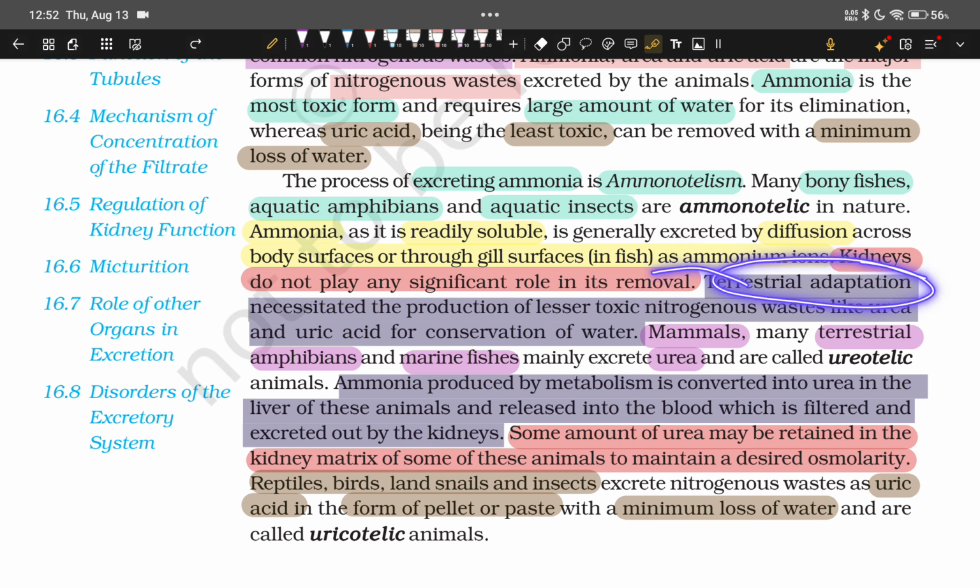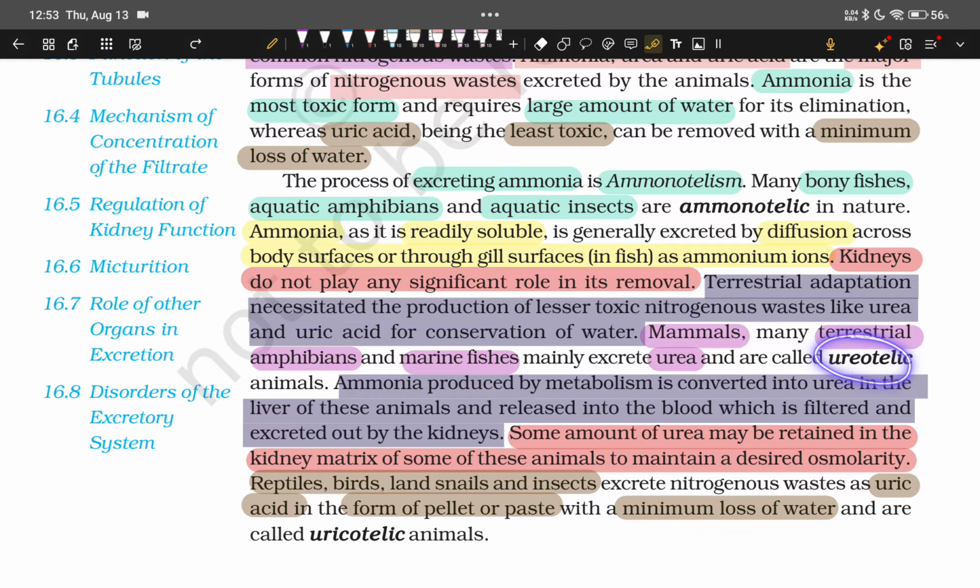And for terrestrial adaptation we need water conservation. So terrestrial animals have to conserve water in order to live over terrestrial regions, right? So for that matter terrestrial adaptation necessitated lesser toxic nitrogenous waste production.